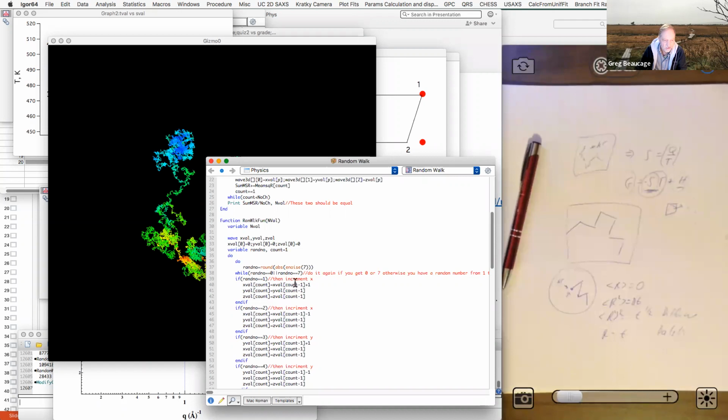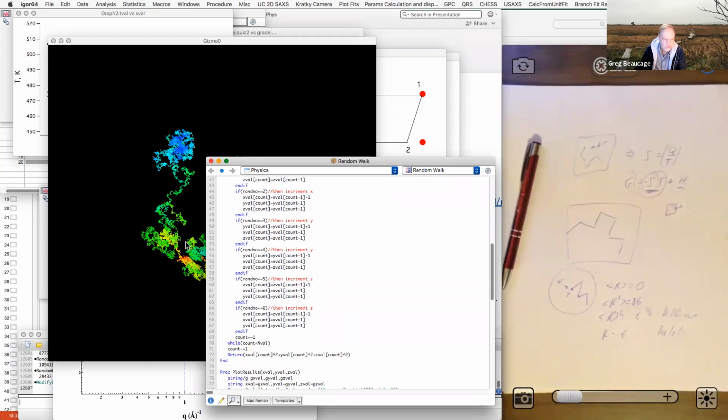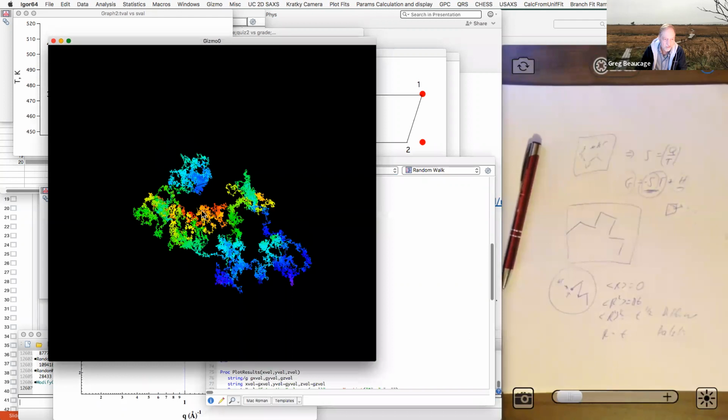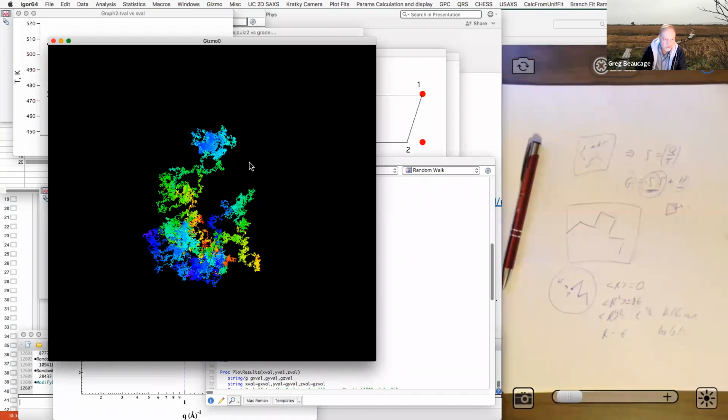I'm going to either make it go in the X direction, the minus X direction, the Y direction, the minus Y direction, the Z direction, and the minus Z direction. And I'm going to repeat that 10,000 times, and then I'm going to make a chain. So this is a chain that it could make.